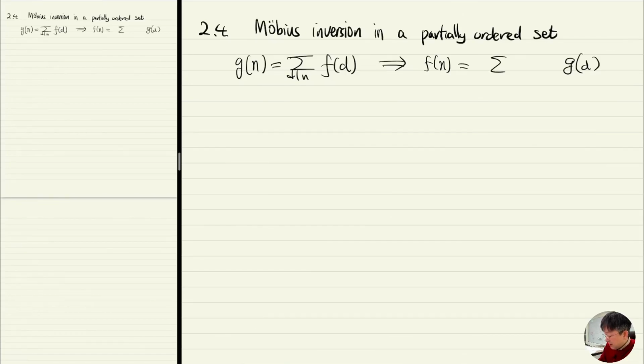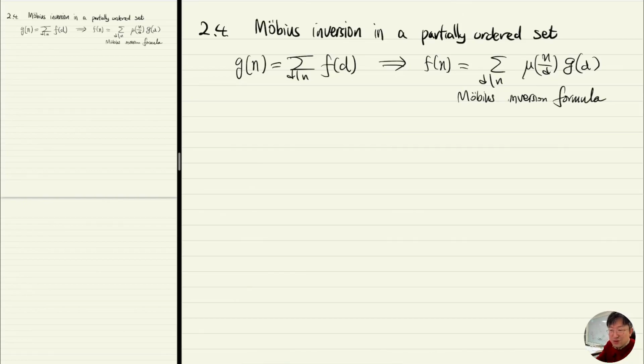And here you use something like n over d, where d divides n. So this is called the Mobius inversion formula in number theory.